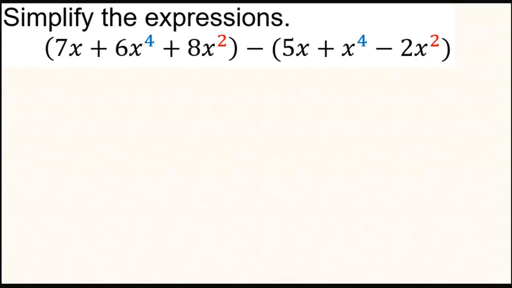When we're subtracting polynomials, I am not subtracting just this 5x from this 7x, 6x to the fourth plus 8x squared. I am subtracting this entire polynomial from this polynomial. So what does that mean?